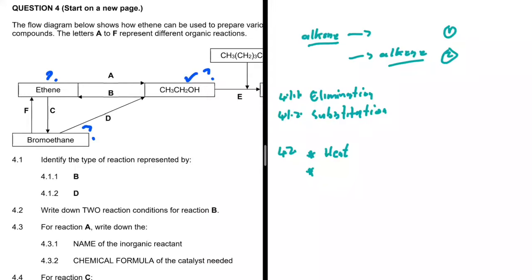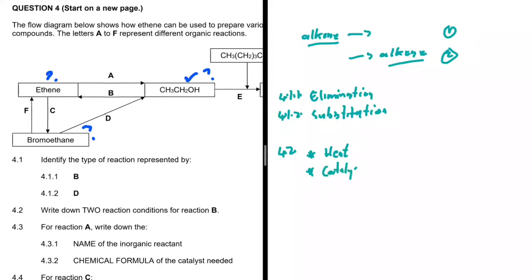So now let's find another reaction condition. What is happening here? We have dehydration, right? We have an alcohol turning to an alkene. So we need a dehydrating agent, of which we can use a catalyst such as H2SO4.